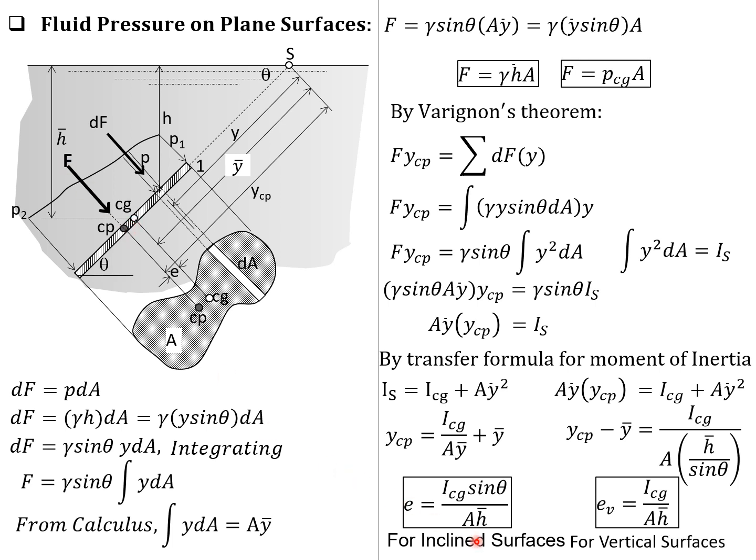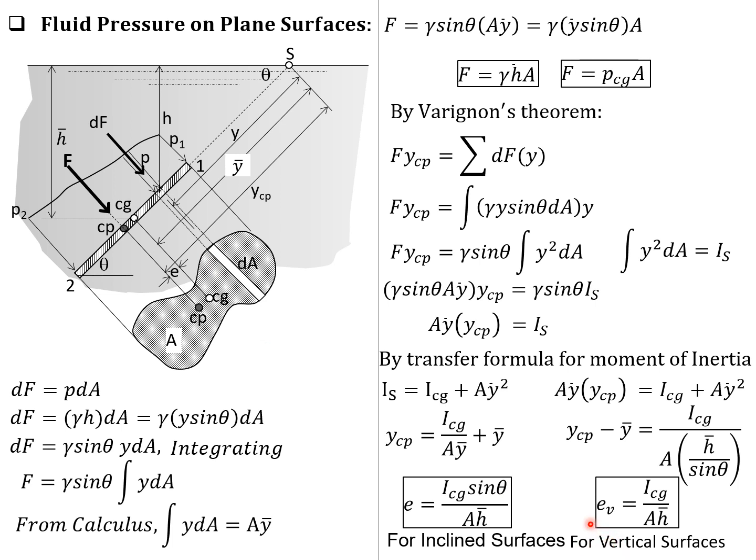Now, take note that theta is the angle that the plane of area makes with the horizontal. And of course, I sub CG would be the centroidal moment of inertia of area depending on the given area.